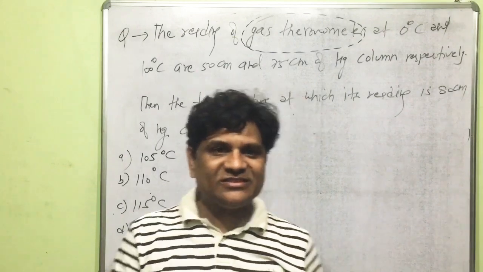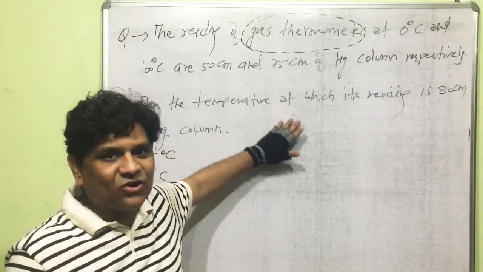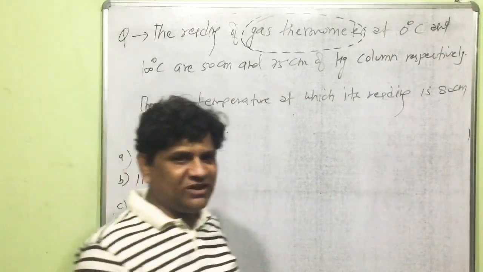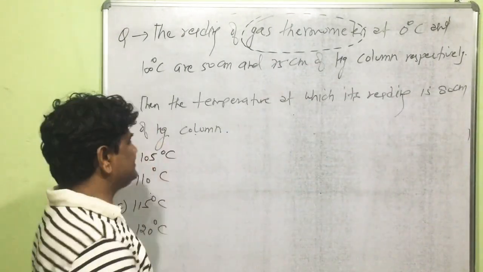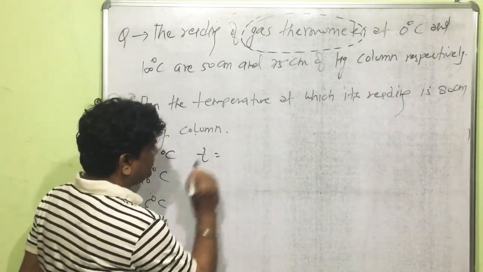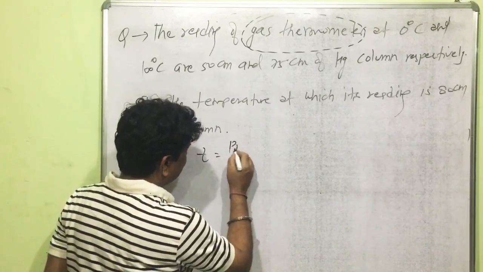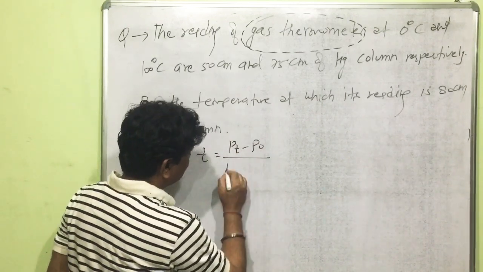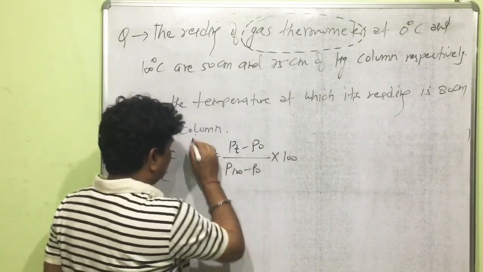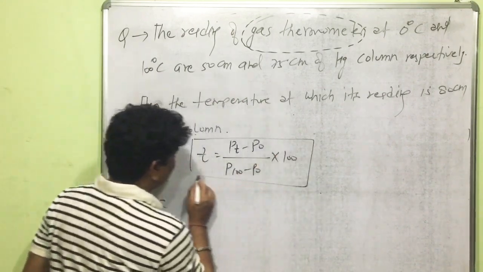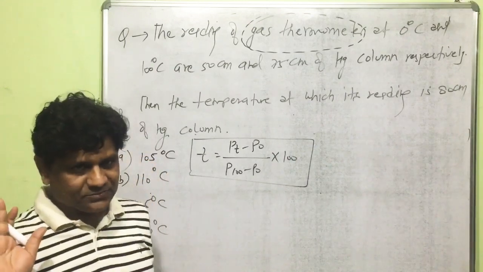So this question is based on a constant volume gas thermometer. If volume is constant, then we can apply the relation T equals (Pt minus P0) divided by (P100 minus P0), into 100. This will be the required relation to solve our question.